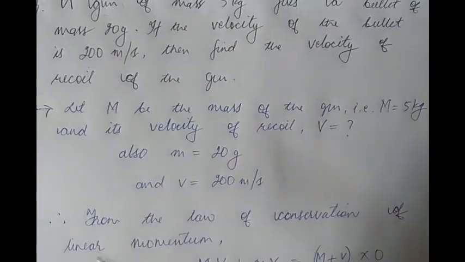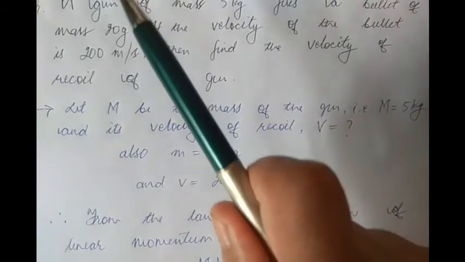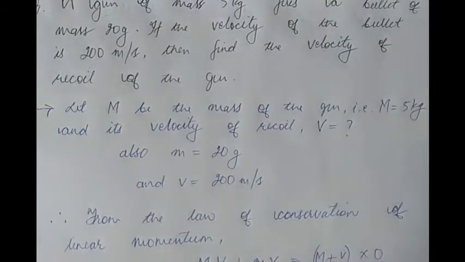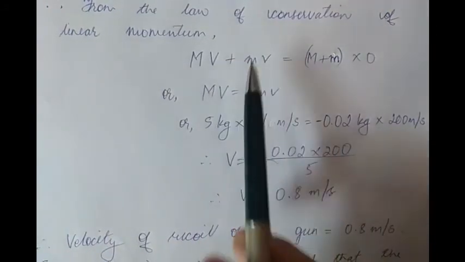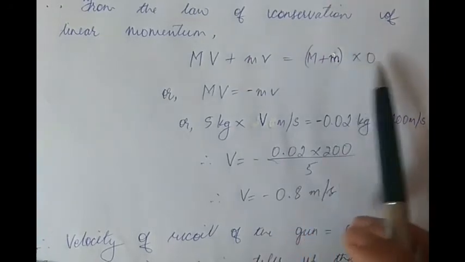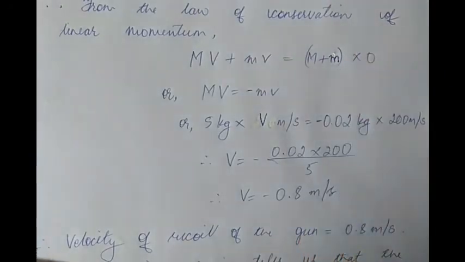So mind you, when the finger pulls the trigger, there is no external force acting on the gun. Therefore, from the law of conservation of linear momentum, we get the total momentum after the bullet gets fired is equal to the total momentum before the bullet gets fired.